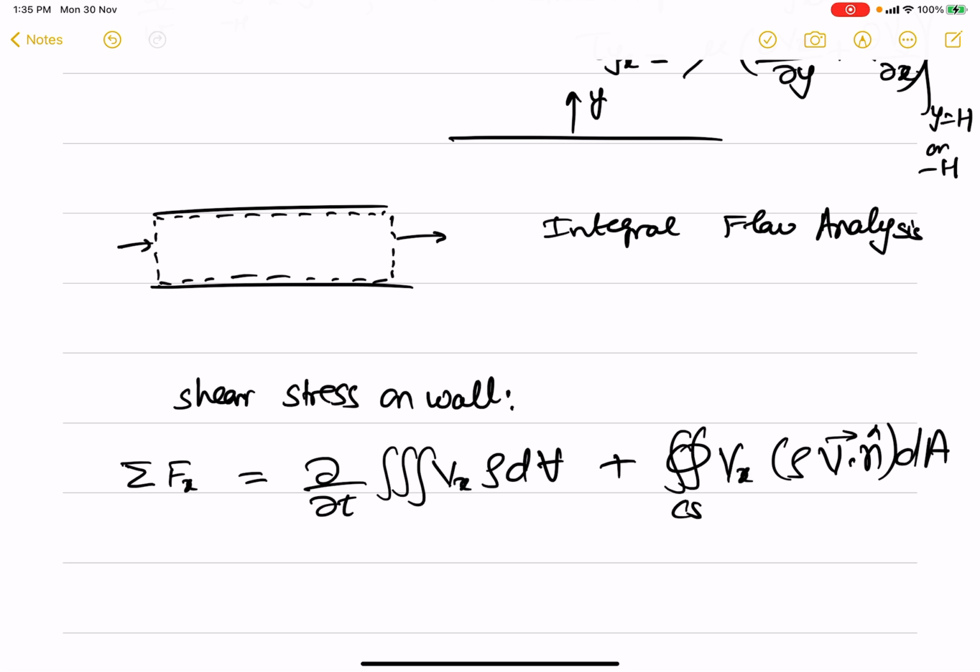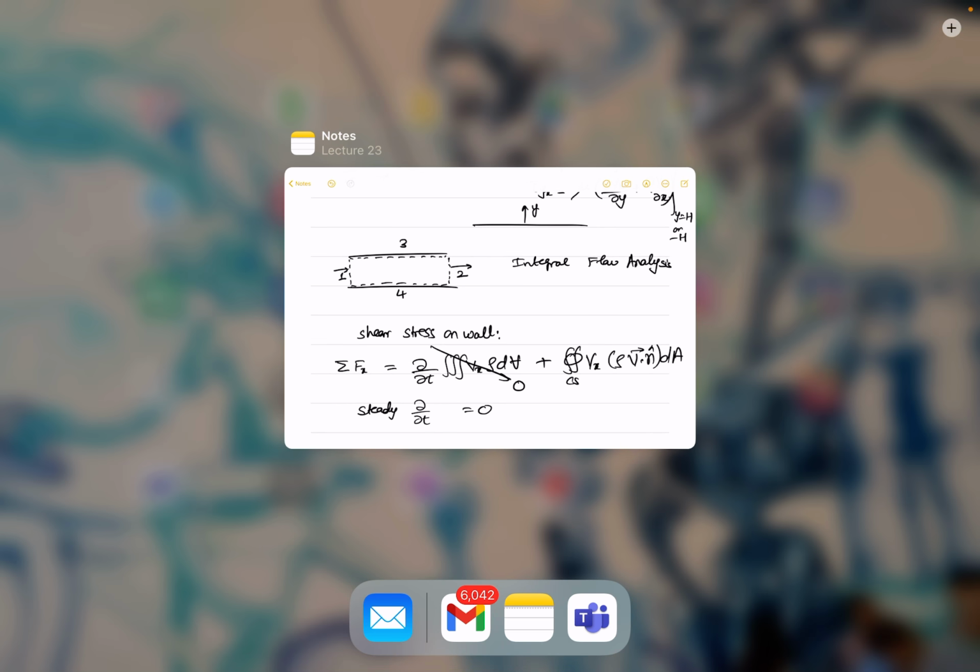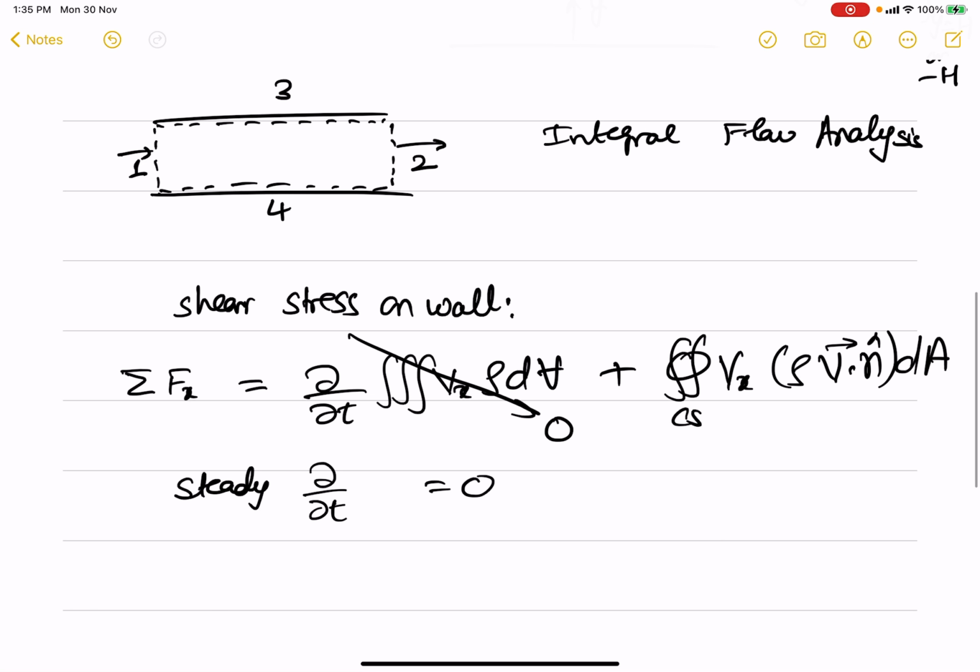Now what you will realize is that since the flow is steady, the d by dt term is equal to 0. And in this flow, if I call this surface 1, the outlet surface 2, and surfaces 3 and 4, then what you will realize is that these terms are not equal to 0 on surfaces 1 and 2.